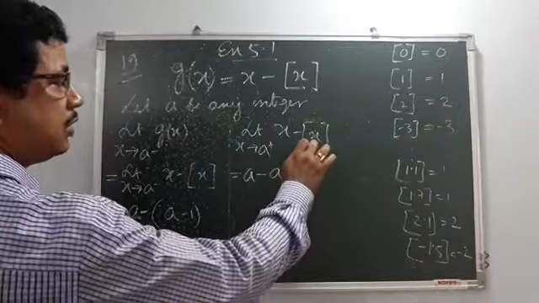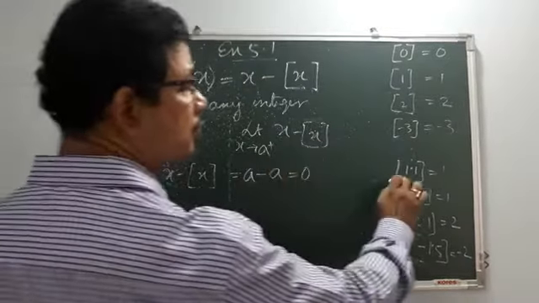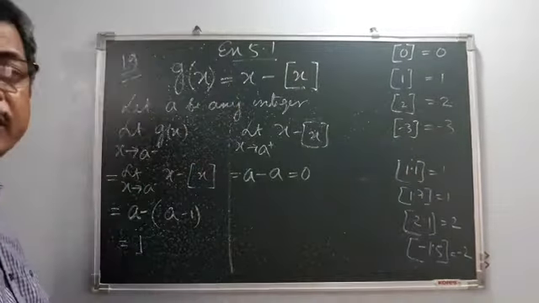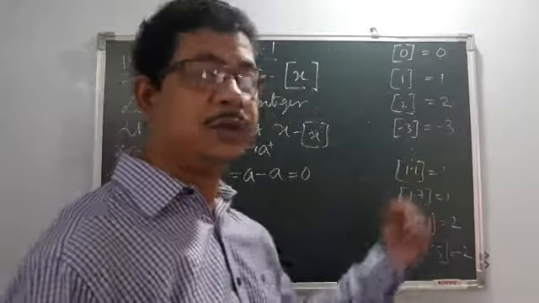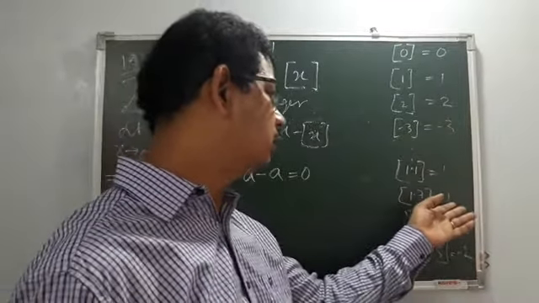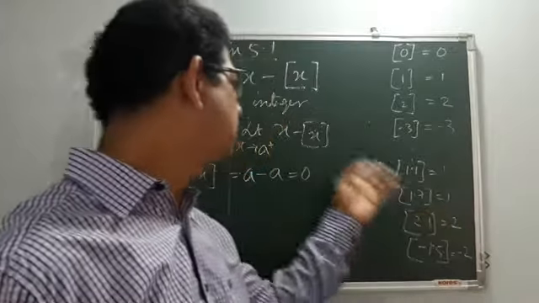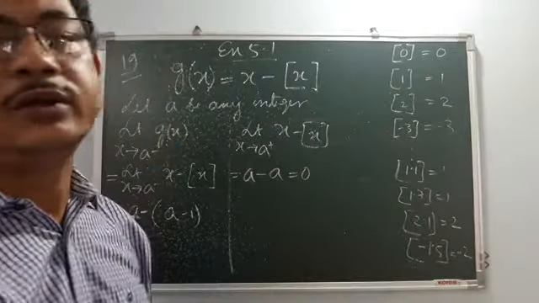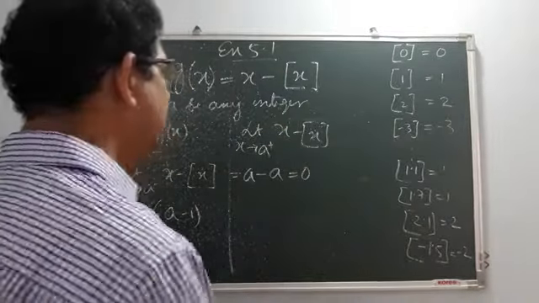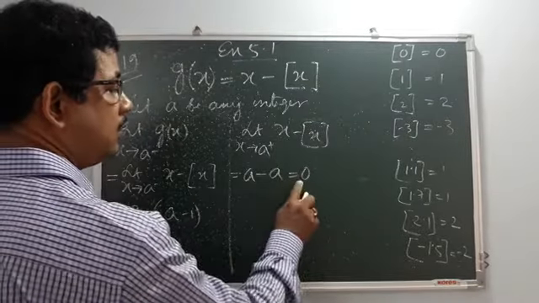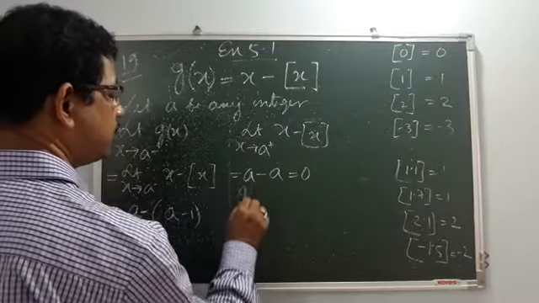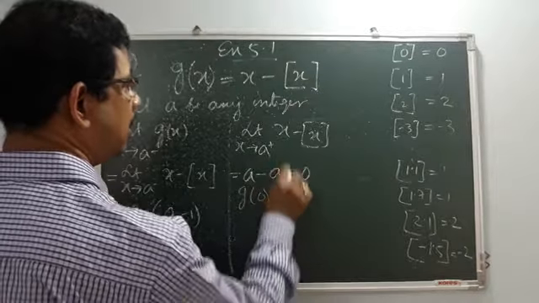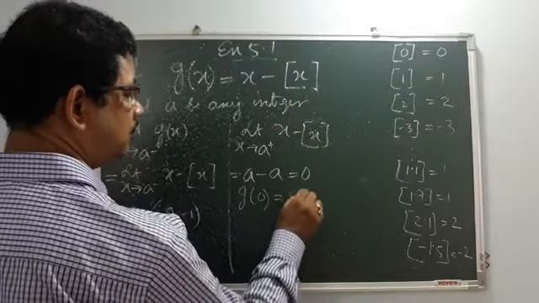So here this value remains the same: little greater than 1 gives 1, little greater than 2 gives 2, little greater than a gives the same value a. So the left hand limit is 1 and the right hand limit is 0. If we consider g(a), it is a minus a, which is 0.